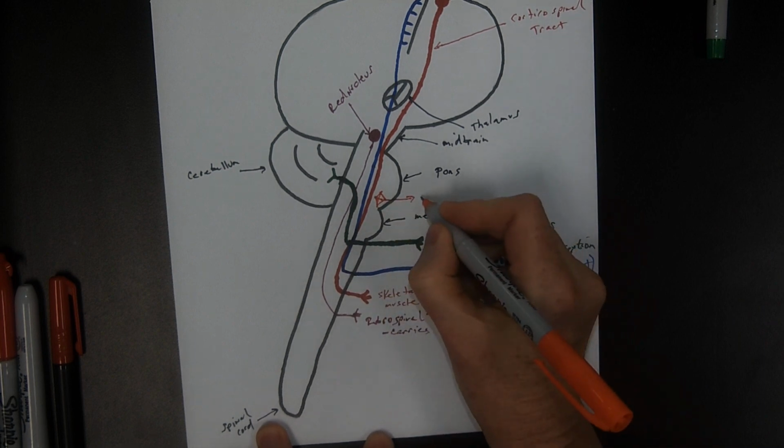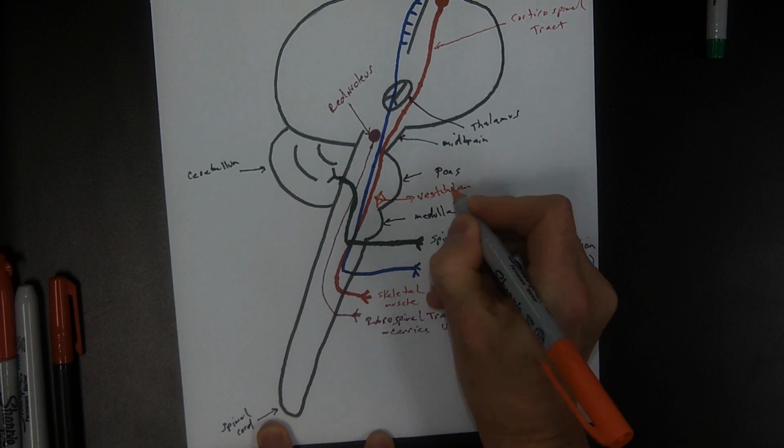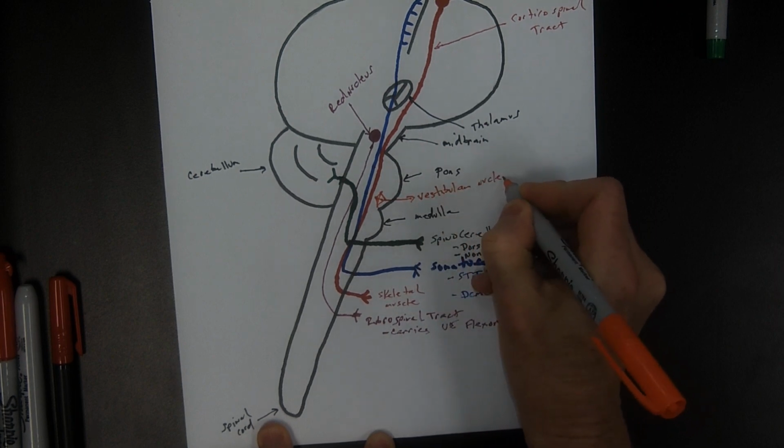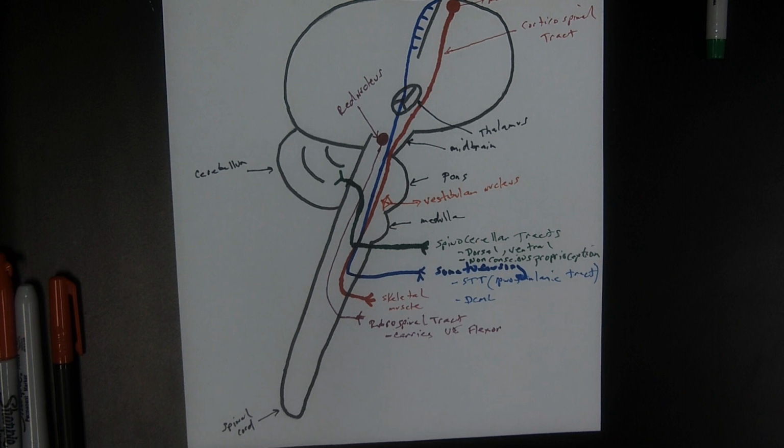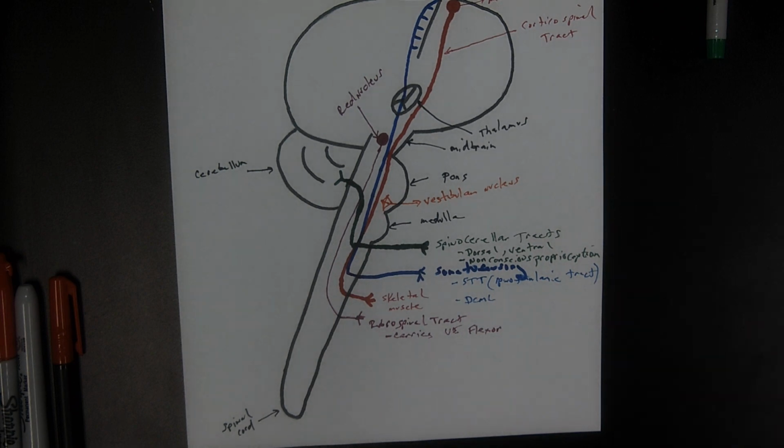And this is your vestibular nucleus. So it's going to be the one responsible for obtaining information from your vestibular apparatus in your inner ear. Part of cranial nerve number 8 comes in, part vestibular, part cochlear, but this is your vestibular nucleus.